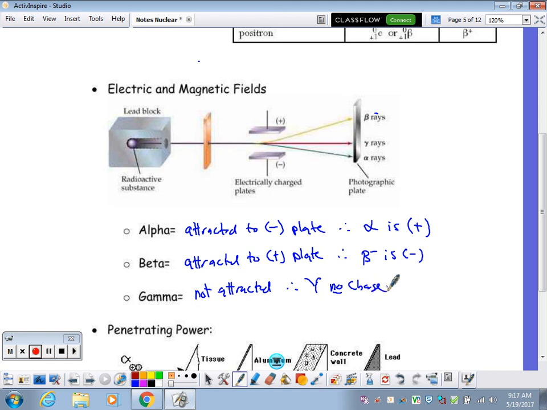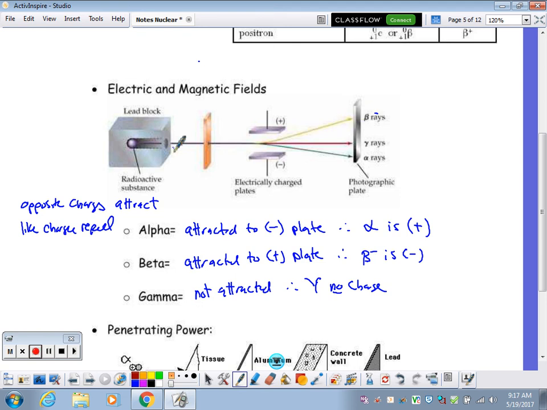You need to remember the idea that opposite charges attract and like charges repel. Using that idea, if you see a diagram of the electric and magnetic fields, and the beta is shown attracted, moving towards that positive plate, it must be negative in nature.